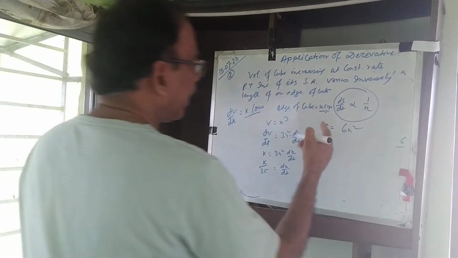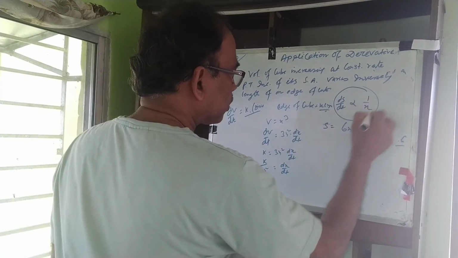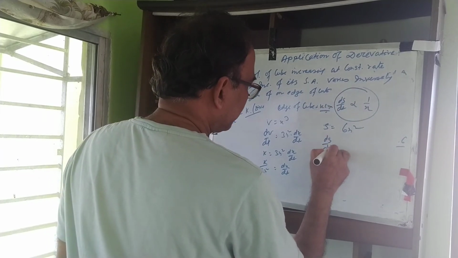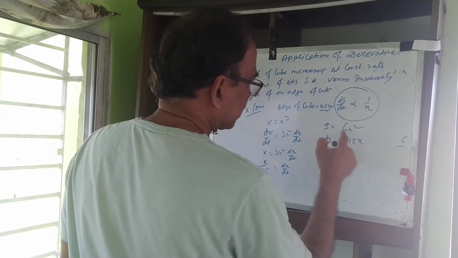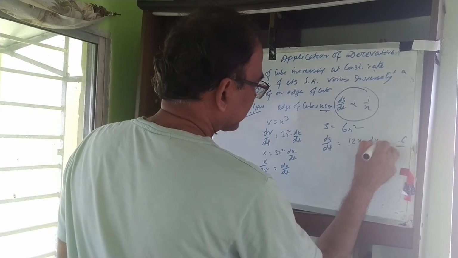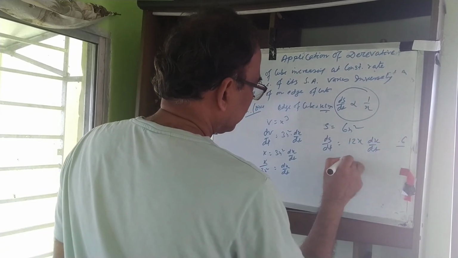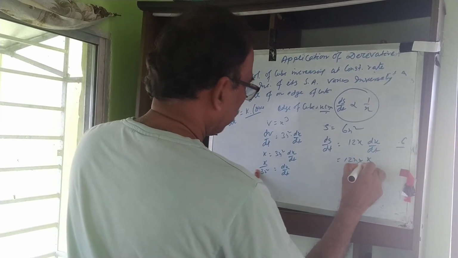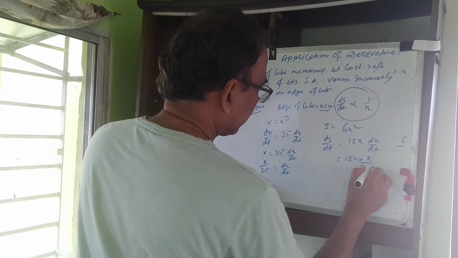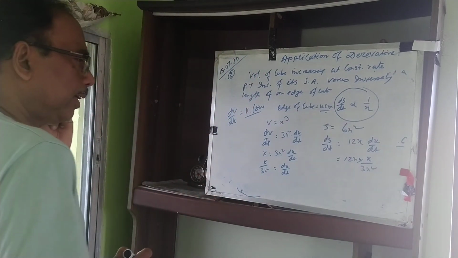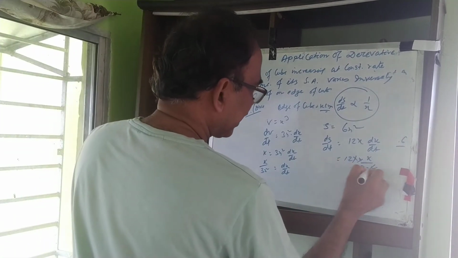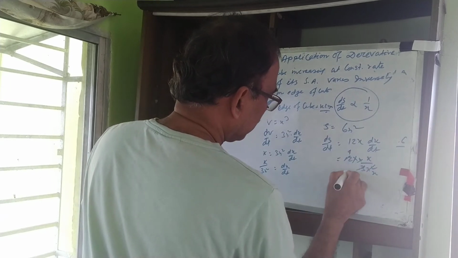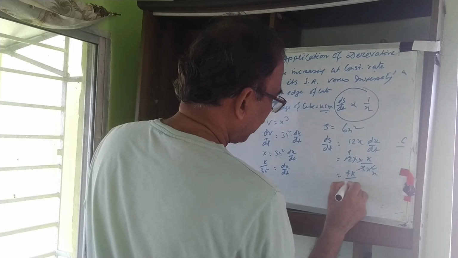Now we have to prove that the surface area is inversely proportional to the side of the cube. We have to differentiate it. That is dS/dt equals 12x dx/dt. The dx/dt value is put here: k over 3x². The x cancels, x² cancels. 3 fours are 12, that is 4k by x.